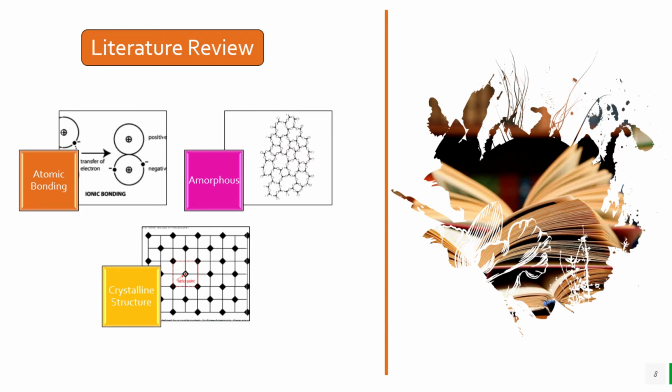Lastly is crystalline structure. A crystalline material consists of primarily organized crystal structure. A crystal is a solid composed of atoms, ions, or molecules arranged in a pattern that is repetitive in 3 dimensions. It is measured in a unit cell.